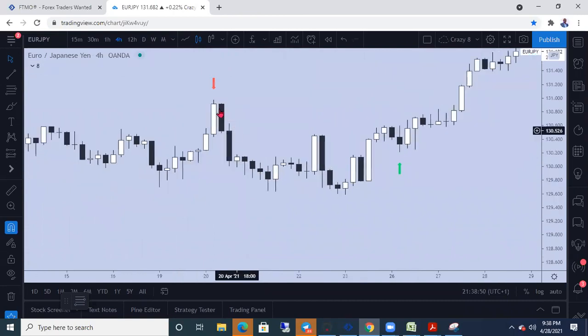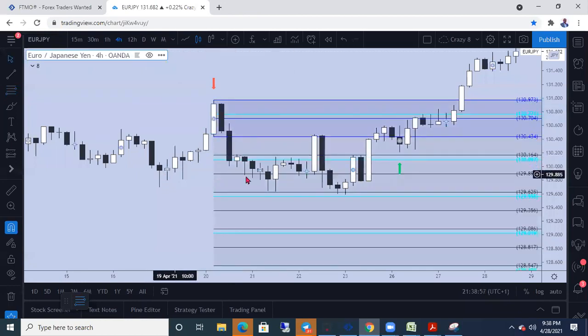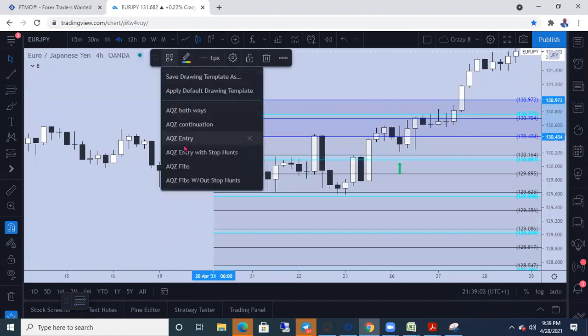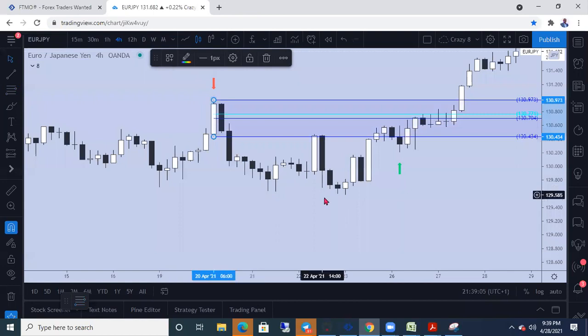So here we have a bearish AQZ. We would have fibbed from the top to the bottom, anticipating sells when price returns to that AQZ. So watch, price returned to the AQZ and sold.